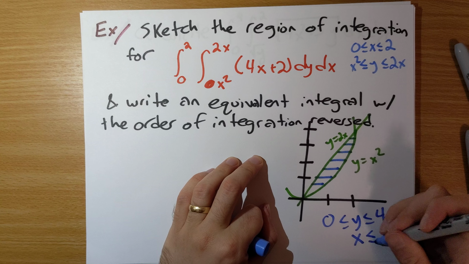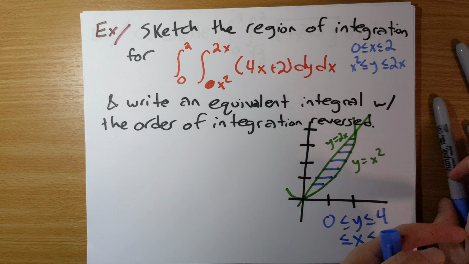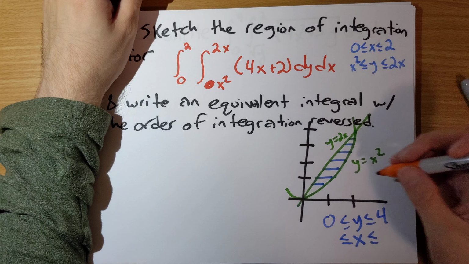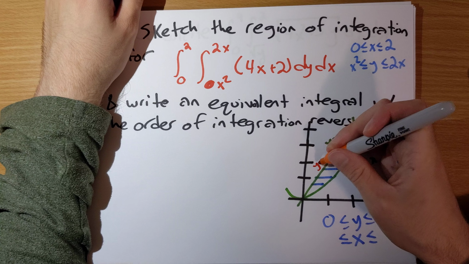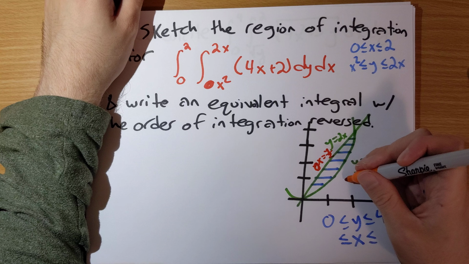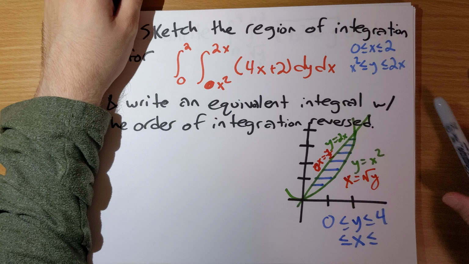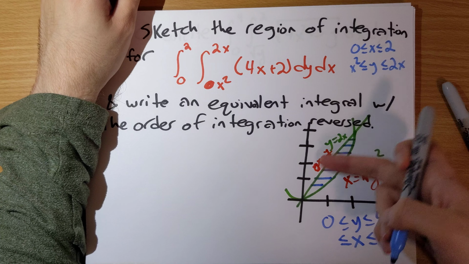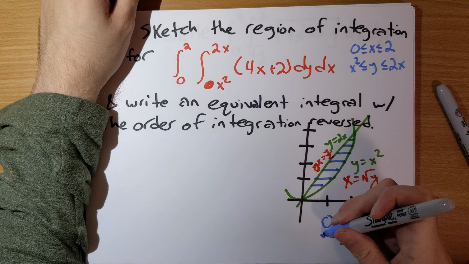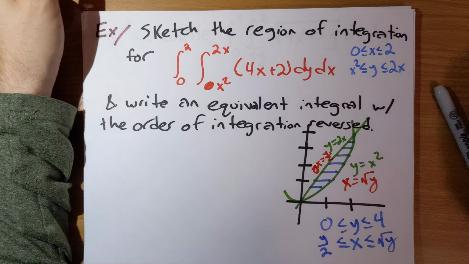X runs, we need to write our y in terms of x equations as x in terms of y. How do we do that? This one is x is equal to y over 2. And this one is x is equal to square root y. And the lower bound here, the left bound, is y over 2, square root y.